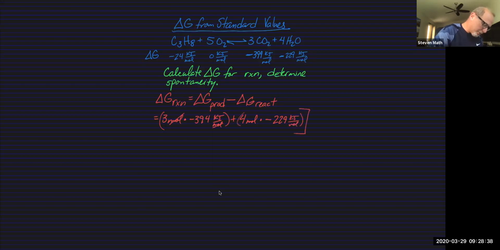And that's going to be my products minus my reactants over here, which are going to be a 1 mole times a negative 24 kilojoules per mole. And then, not that it matters, plus 5 moles times 0. That's why it doesn't matter.